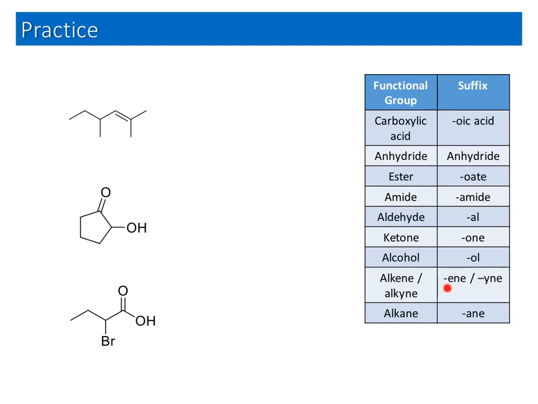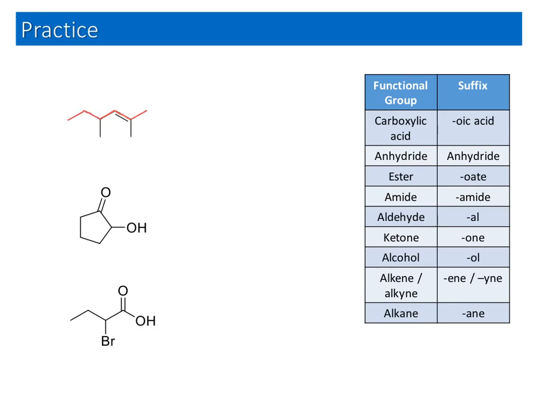Therefore, my parent chain should get the suffix "ene" instead of "ane". After doing this, you need to follow all the instructions that we talked about for naming molecules. So the first step is to identify the parent chain, which is the longest chain possible in the structure. And in this specific structure, the longest chain would be this one.